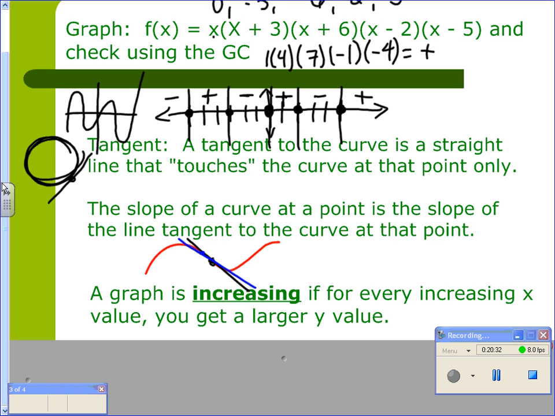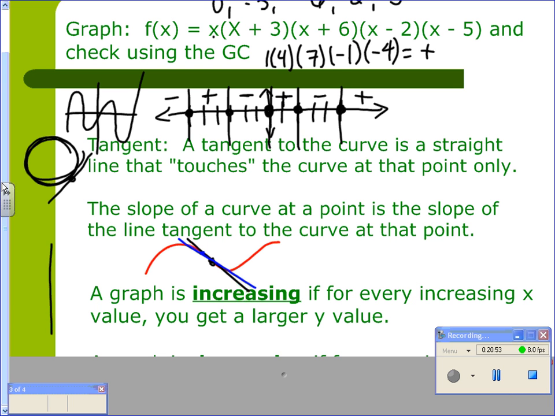A graph is increasing if for every increasing x, you get a larger y value. Look at my little picture.